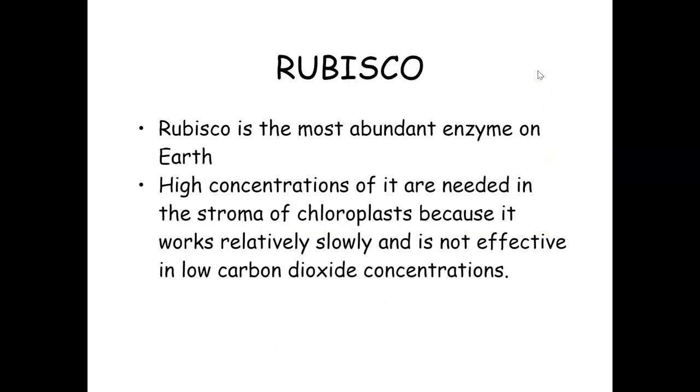Fun fact about Rubisco, it is actually the most abundant enzyme on Earth, so it's really important to our life processes because it allows for the plants to make sugars in the Calvin cycle. And remember that once the plants have the sugar, then that sugar can be passed through the food chain to all other organisms, and this is how all other organisms get the energy that ultimately came from the sun.